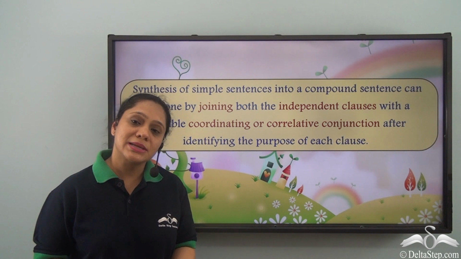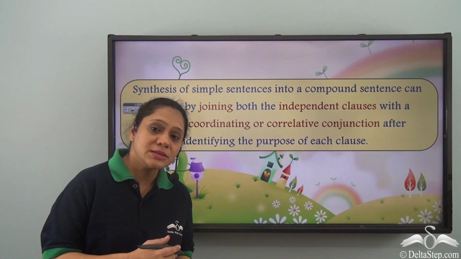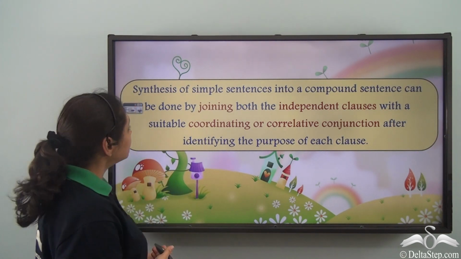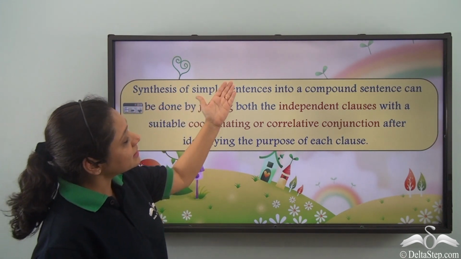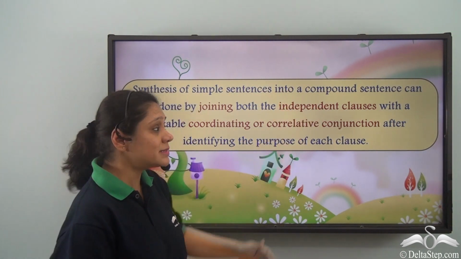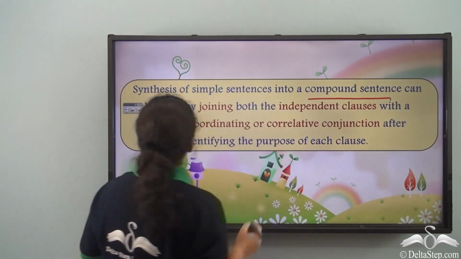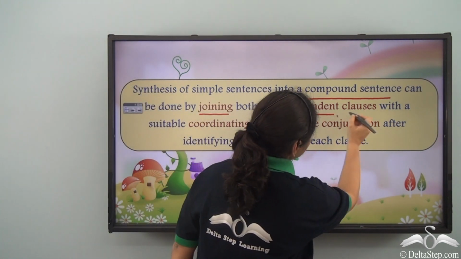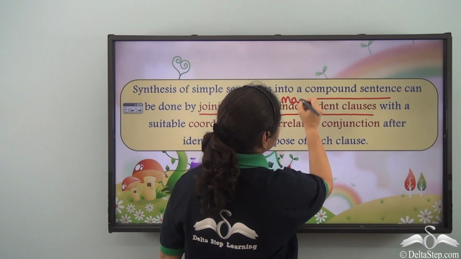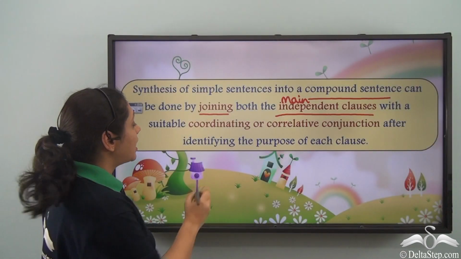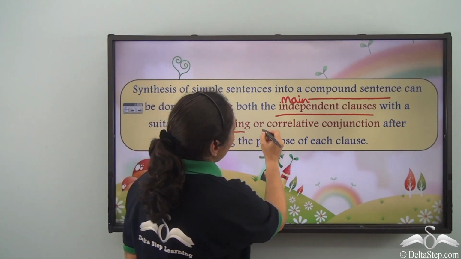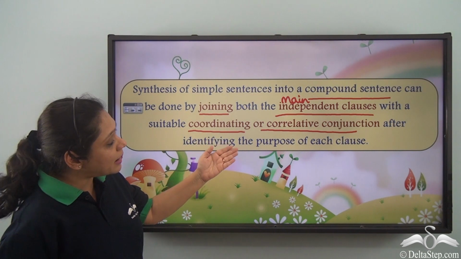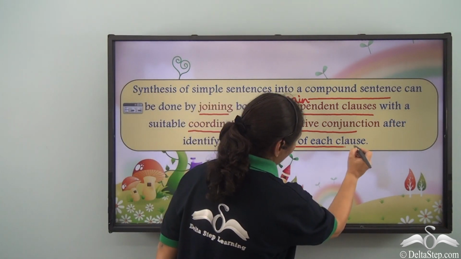Now, this new sentence can either be a new simple sentence or a compound sentence or a complex sentence, and synthesis of simple sentences into a compound sentence can be done by joining both the independent or the main clauses with a suitable coordinating or correlative conjunction after identifying the purpose of each clause.